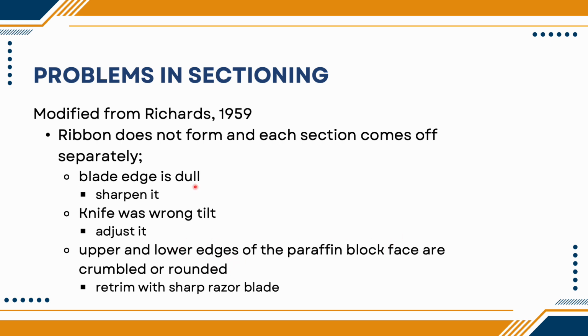So ang pwede natin gagawin is if dull siya, then of course you should sharpen it with a hone and perform appropriate stropping technique after. If the knife was at the wrong tilt, then simply adjust the clearance angle. If the upper and lower edges of the paraffin block face are crumbled or rounded, we could retrim with a razor blade. So you're just going to trim the surface of the tissue block to better expose the tissue.